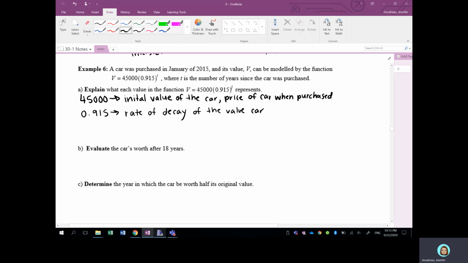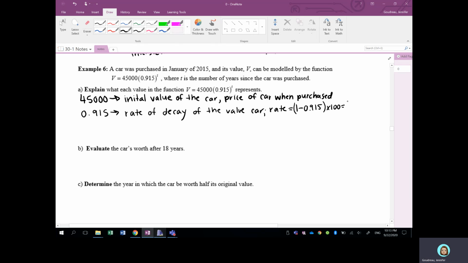That does not mean that the price of the car is decaying by 91.5%. That wouldn't make sense. In order to figure out what our actual rate of decay is, what we're going to do is take that B value, subtract it from 1, so 1 minus 0.915, and then we're going to take that and multiply it by 100.